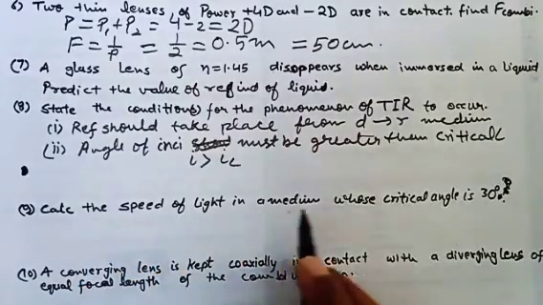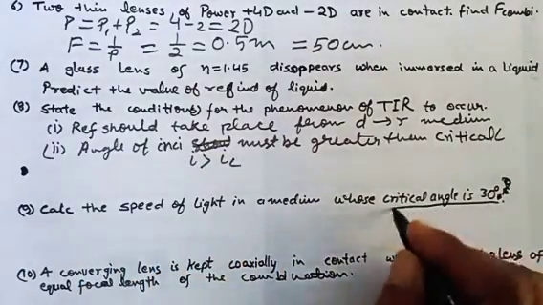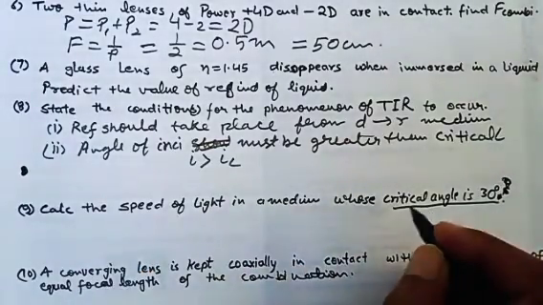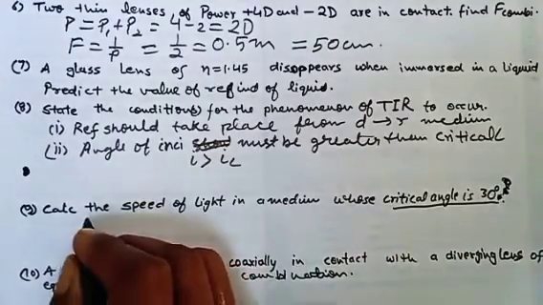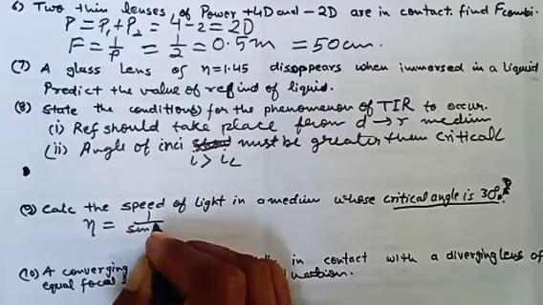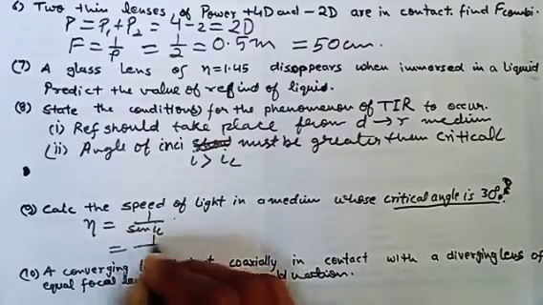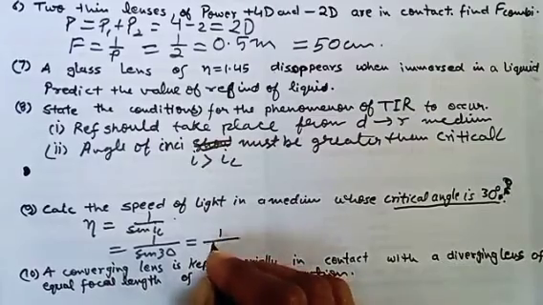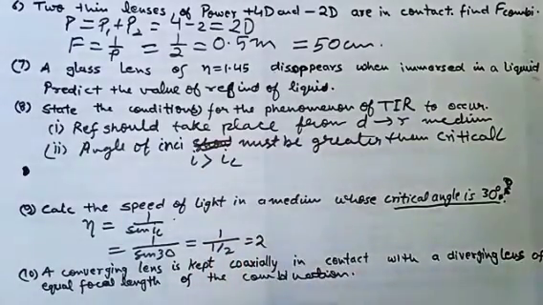Calculate speed of light in a medium whose critical angle is 30 degrees. See, they have given us different levels to think. Speed of light, we will not go to speed of light first, we will focus on this. So we know that refractive index is 1 by sine of IC, that is 1 upon sine 30 degree. Sine 30 degree is 1 by 2, so it is 2. Refractive index is 2.